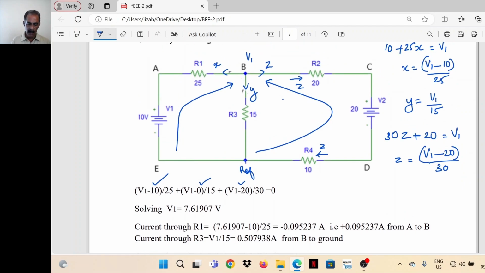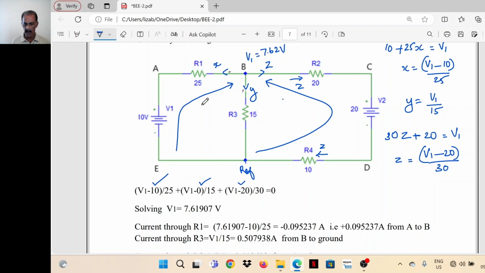So current through R1 is X. What is the value of X? V1, the potential, is 7.61, and this battery voltage is 10 volts. So V1 is approximately 7.62 volts. So X is equal to (V1 minus 10) divided by 25, or (7.62 minus 10) divided by 25.